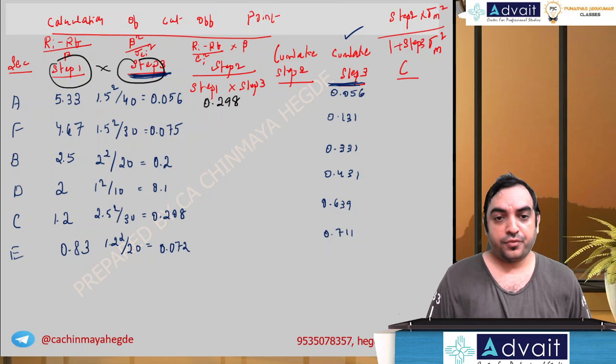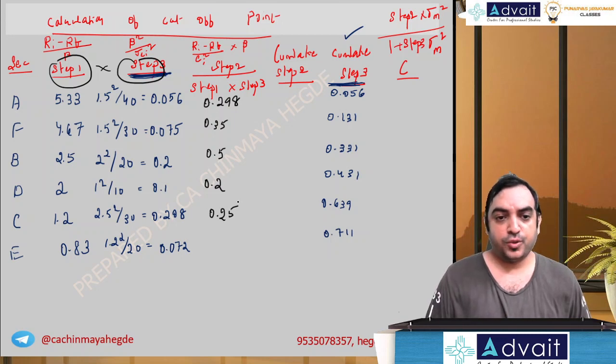Then 4.67 into 0.075, 0.35. 2.5 into 0.2, 0.5. 2 into 0.1, 0.2. 1.2 into 0.208, 0.2496, I'll round it off to 0.25.